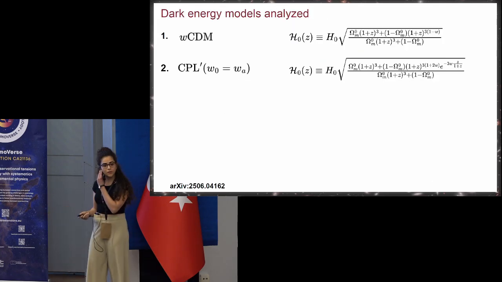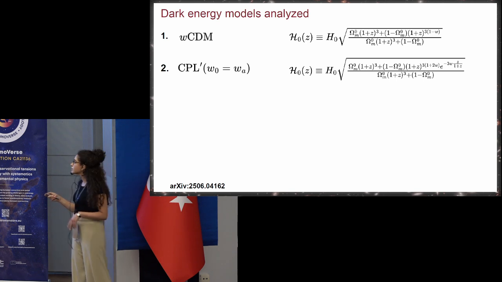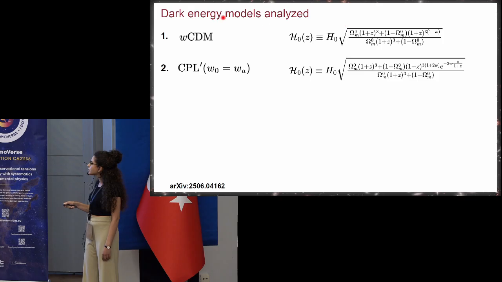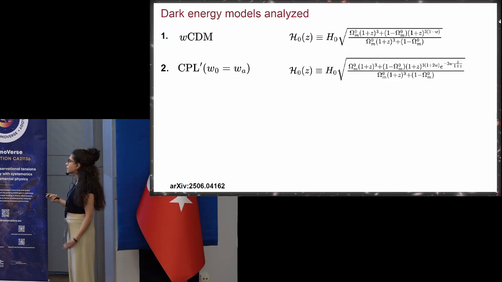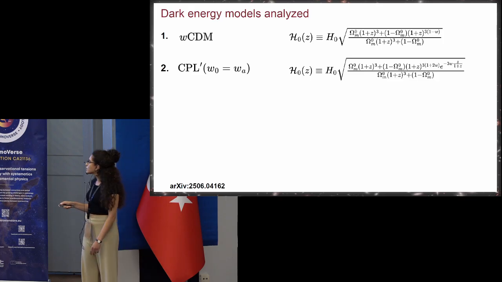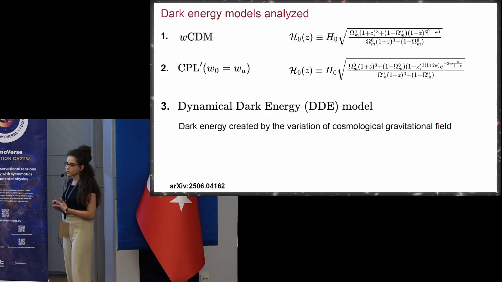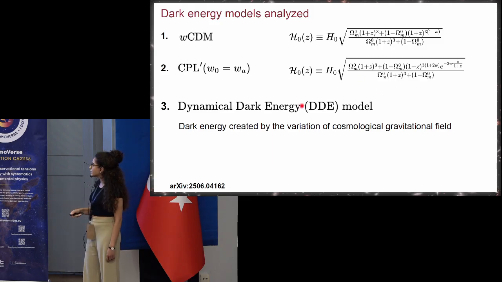In our work, we will test two phenomenological models: the wCDM model and this reduced CPL model where we impose w0 equal to wa, since our data are not able to constrain two parameters. So these are the formulas. And we consider a third model, a new theoretical model labeled as DDA.